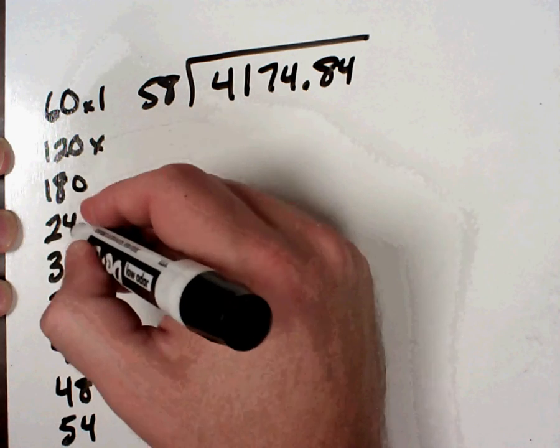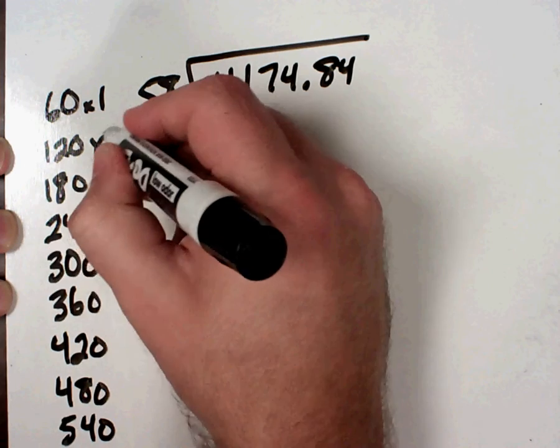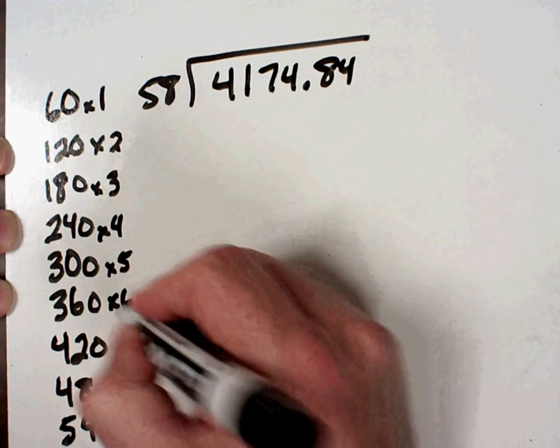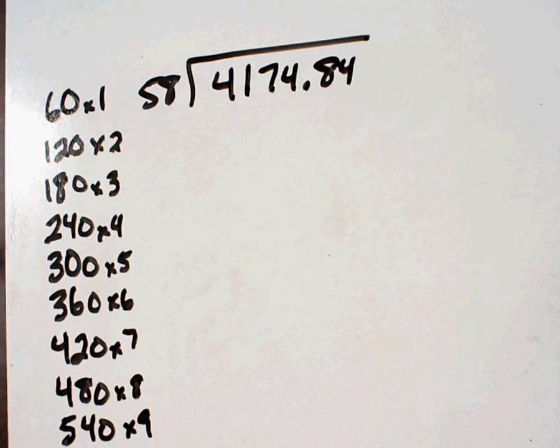And then I'll just add a 0. And there's my factors of 60. And hopefully this will give me what number I need to use for these.